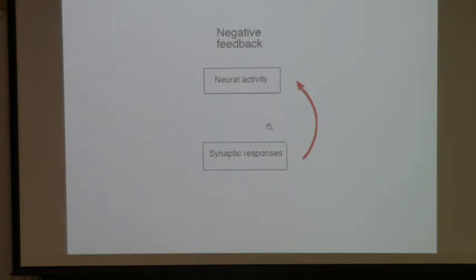The way to do that was to tie synaptic response with neural activity in a way to modulate plasticity. The idea is a negative feedback: if the neural activity is reduced, then you can increase synaptic response somehow, and then you can correct. So you need a corrective mechanism.